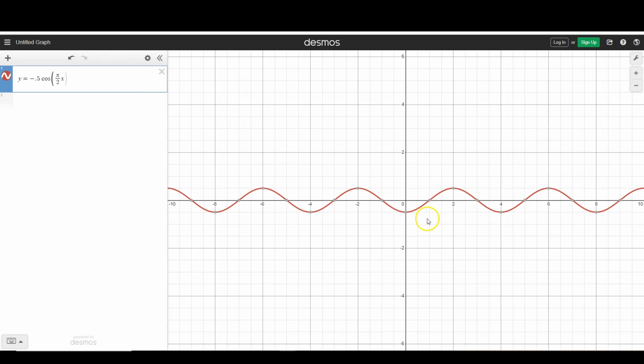And so the graph that it gives us should model what we're seeing in our table. You can see 0 is negative 0.5, 1 is 0. At 2 seconds, we're at 0.5. 3 seconds, we're at 0. 4 seconds, we're at negative 0.5, and so on. So you can always graph what equation that you got and just make sure it makes sense in your problem.